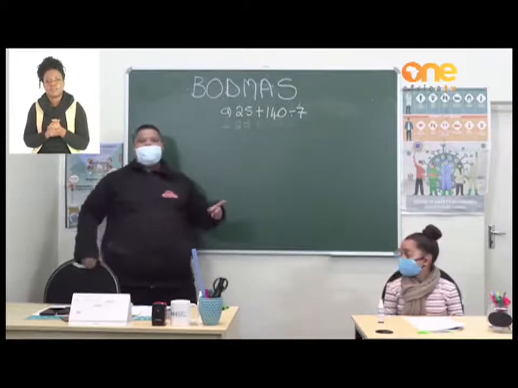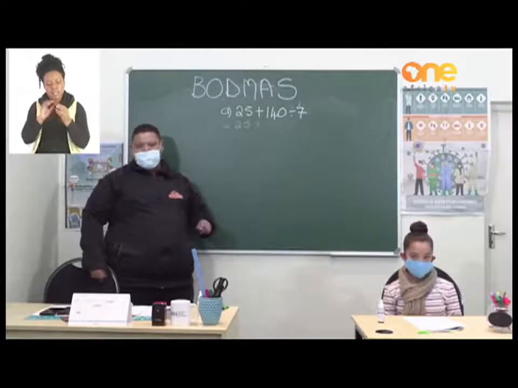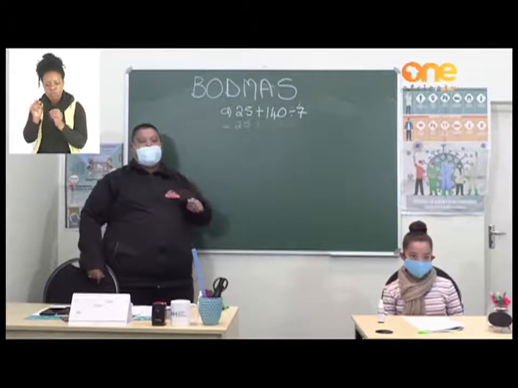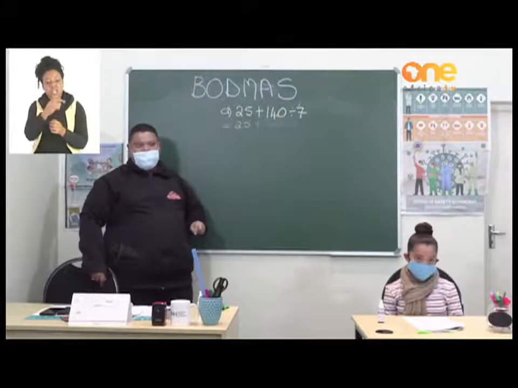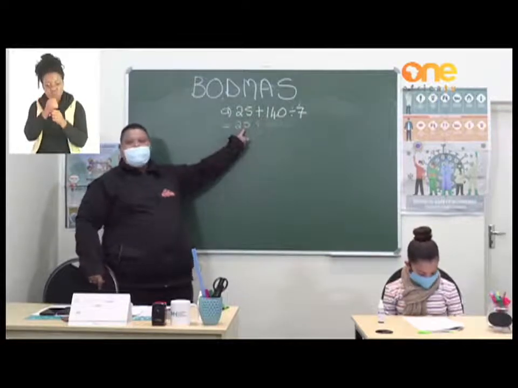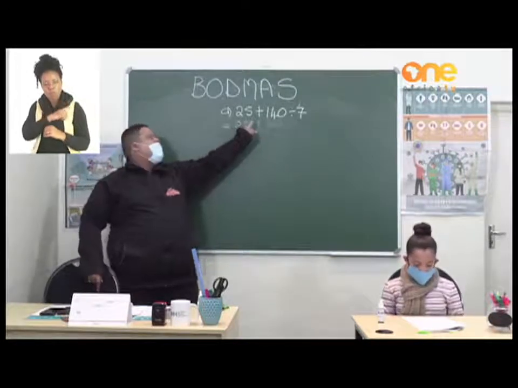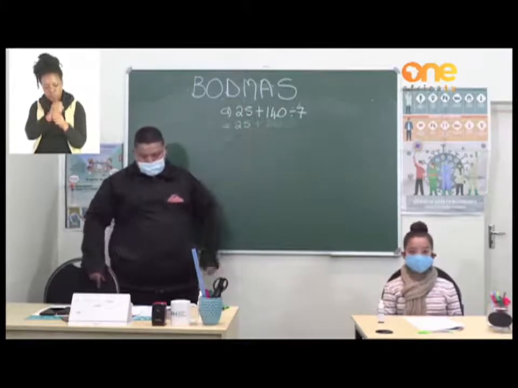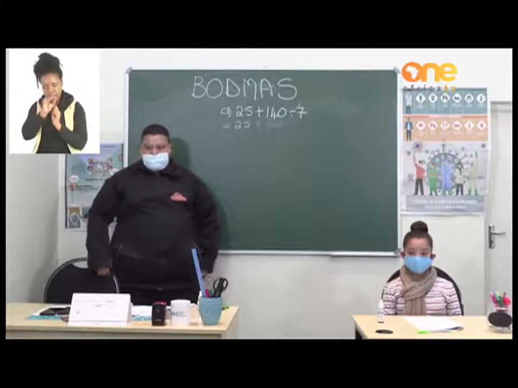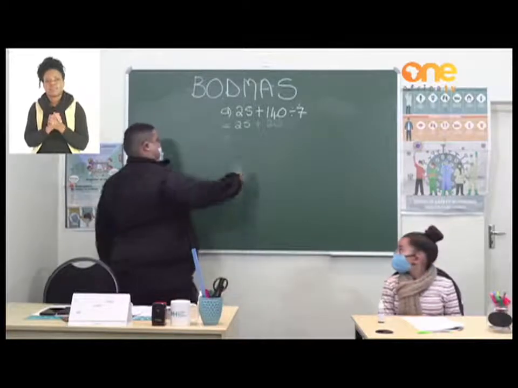Now remember, guys, in the beginning I said, don't change the order of the numbers. What we meant by that was, although we didn't use the 25 in the beginning, we wrote it in the place it was. So we wrote the 25, and then we did the division sum, and then we added the two sums together. Let's try another example on the chalkboard.